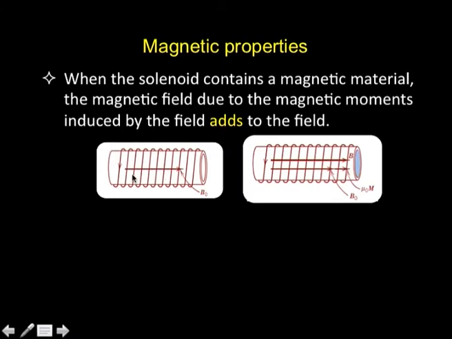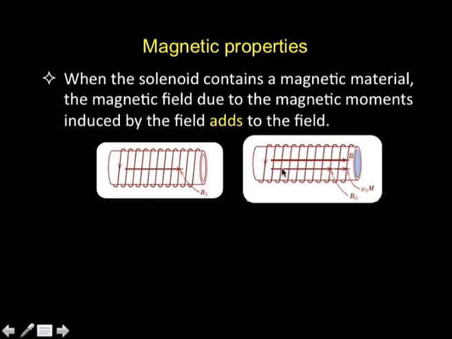So, there is some kind of a field B naught. But if the solenoid is not empty, and it contains some magnetic material, shown in color here, that is, into this cylinder there is some kind of magnetic material embedded, then some magnetization is induced in this material.